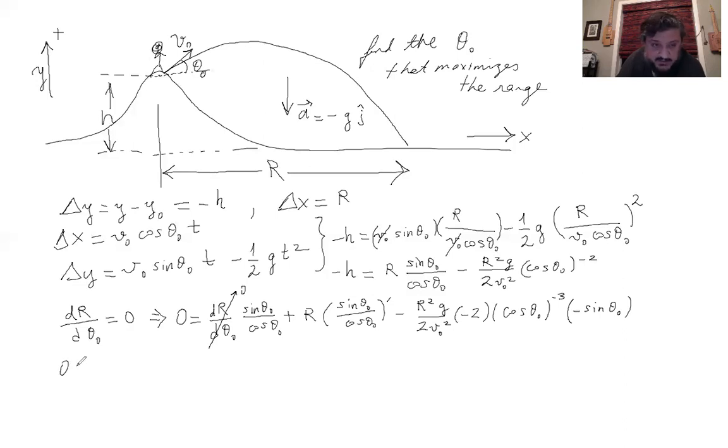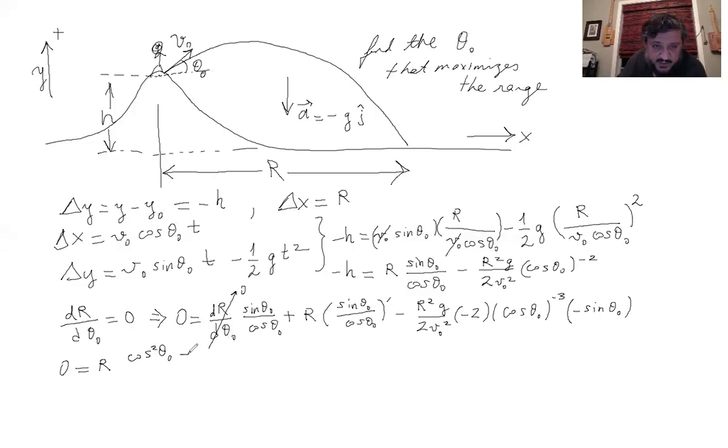Let's keep writing. 0 equals, all right, r, sine theta, its derivative is cosine theta naught multiplied by the cosine in the denominator, it makes cosine squared.